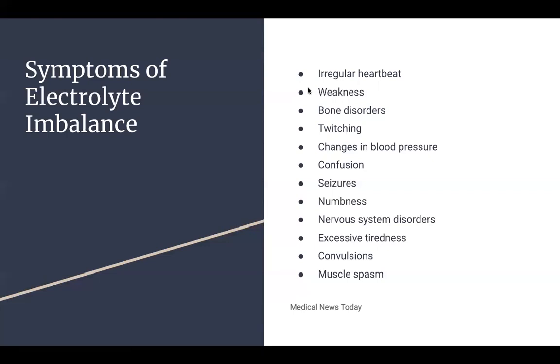So when we go through the functions of electrolytes, we can see that when there's imbalances, symptoms related to things such as nerve impulses are going to be impacted. Muscle spasms, that's another one because of muscle contractions being controlled by electrolytes.